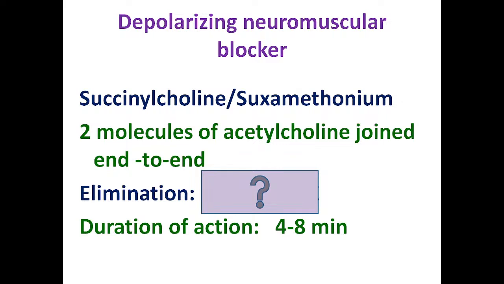So, duration of action, as I said, is 4 to 8 minutes. So, have you seen anywhere a short procedure where a skeletal muscle blocker or a neuromuscular blocker would be useful?